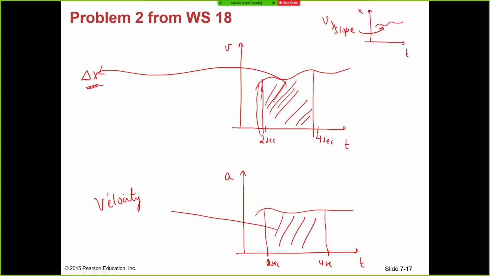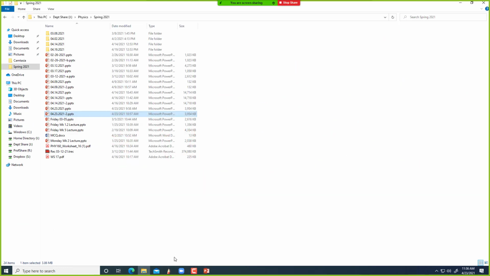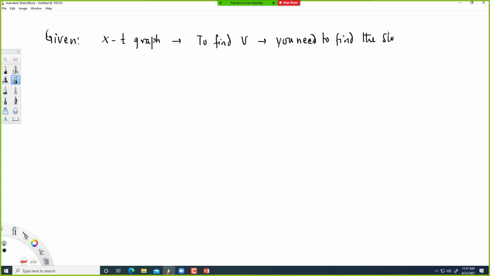So let me just put a small chart here so that you don't forget. Given an xt graph, to find v, you need to find the slope.